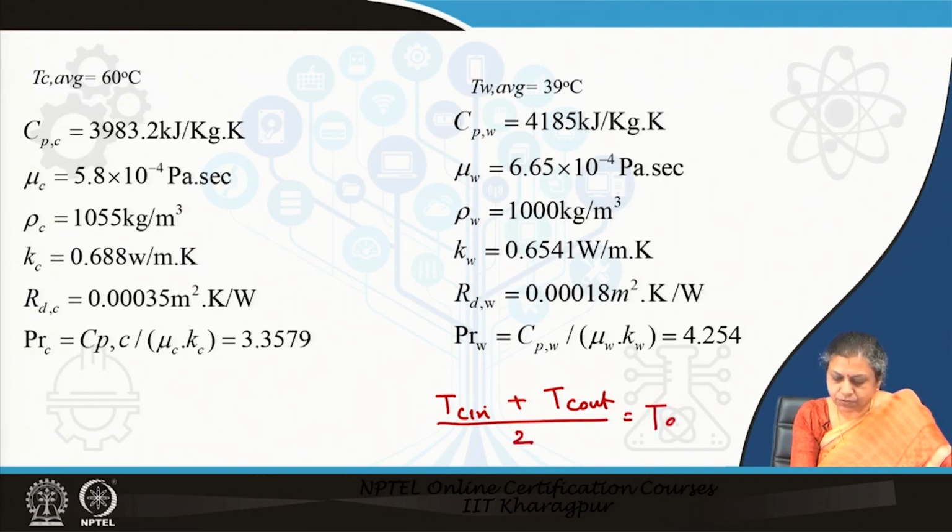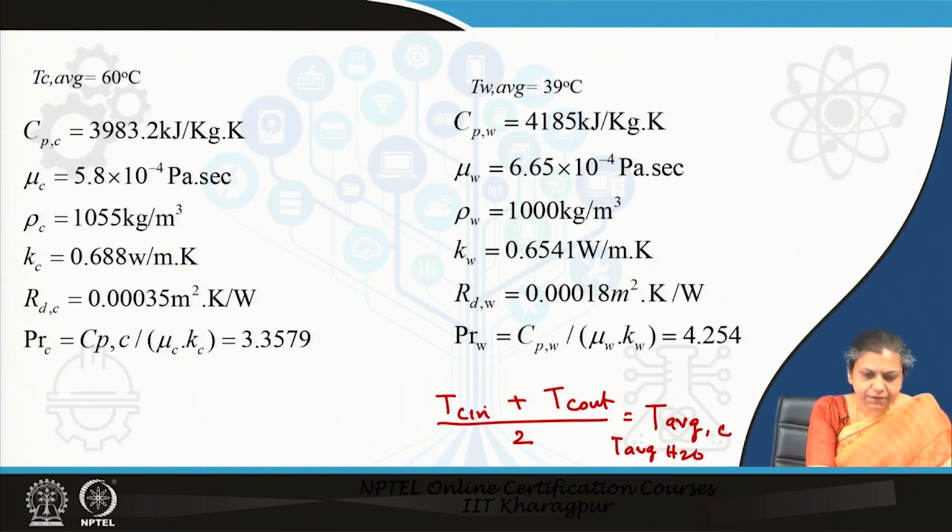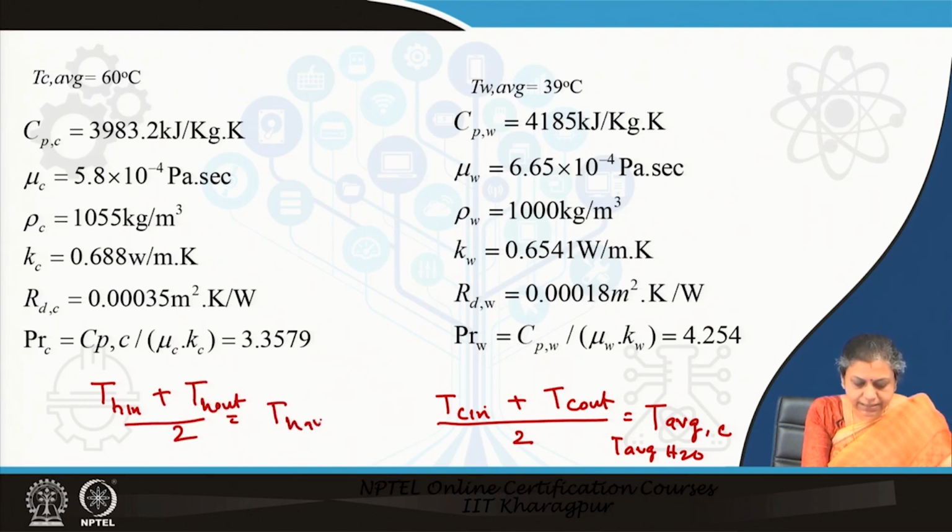This is equal to T average for C, which in this particular case is T average for water. In the same way, it is Th in plus Th out by 2. This gives you the Th average, or in other words the T average for the caustic soda.